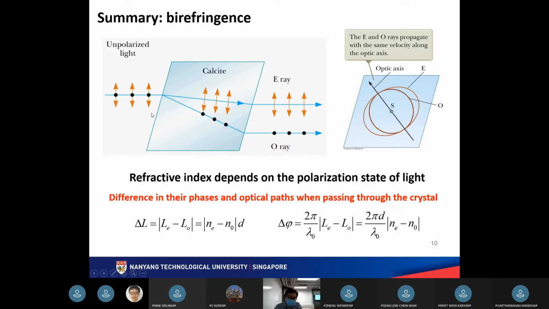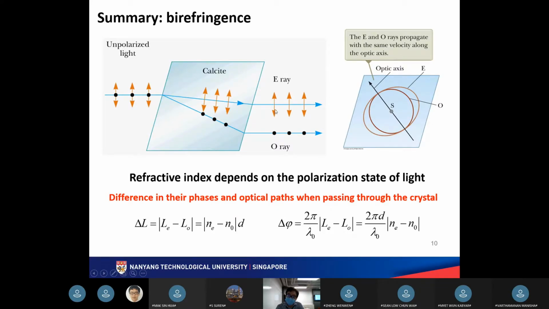If we have unpolarized light incident upon this kind of birefringent material, because S and P polarized light see different refractive indices, and the refractive index determines how light will be refracted into the material, S and P polarized lights will be refracted in different ways. So S and P polarized light will be separated.